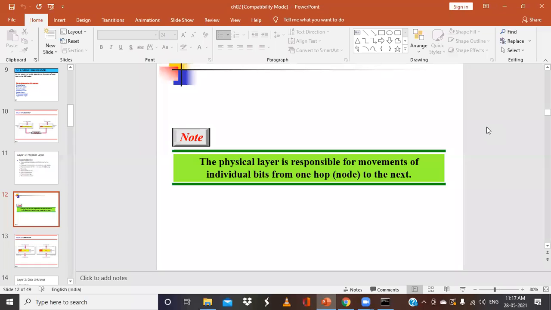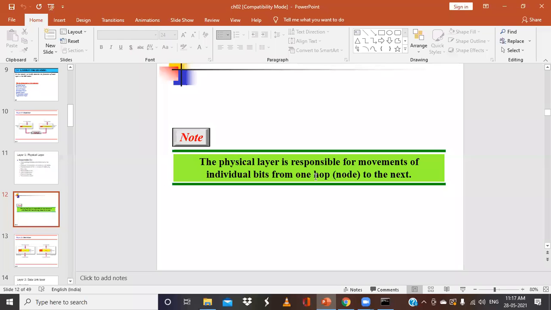So in one sentence, what you can remember is the physical layer is responsible for movement of individual bits from one hop to the next. Here there is a term called hop. Hop is nothing but a node. That means it is responsible for transmission of the bits from one system to the next system. It doesn't mean that next can be the destination machine, or next can be some other machine as well. Suppose the computer is present side by side.